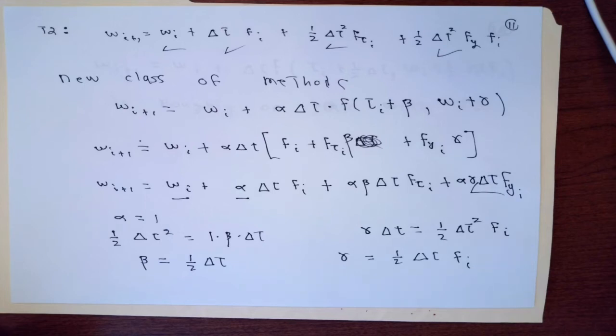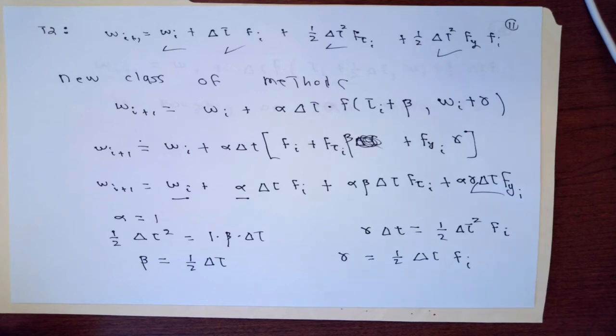The coefficient of that is 1/2 delta t squared in Taylor 2, and is alpha beta delta t in the expansion of our new method. I can make those terms match up as well. If I pick delta t times 1/2 to be beta, we've matched those quantities as well.